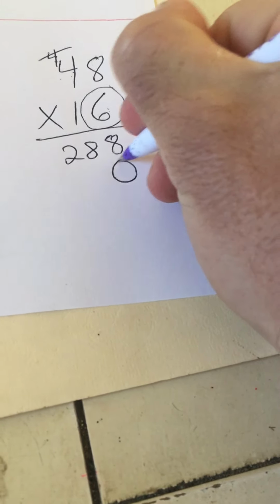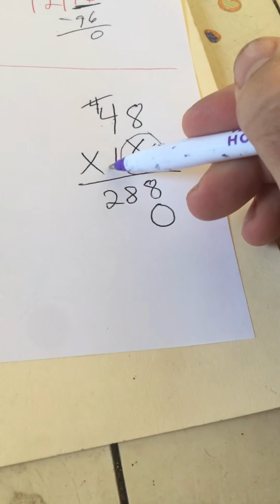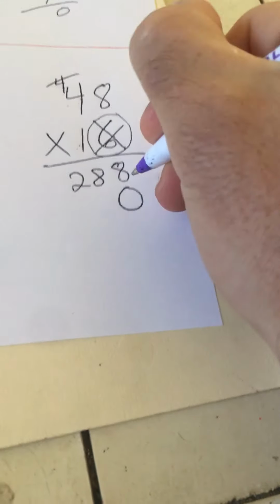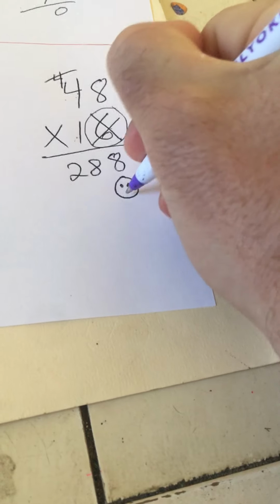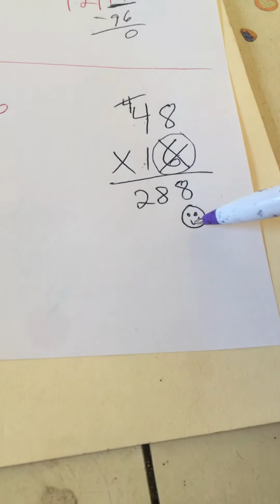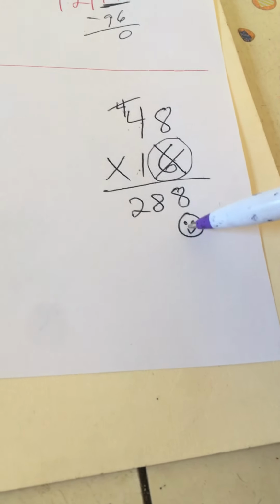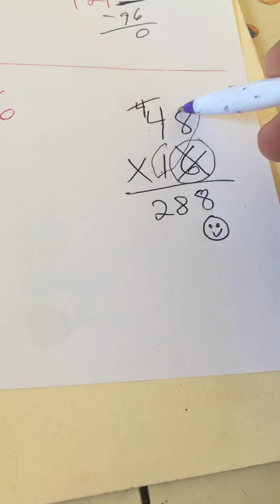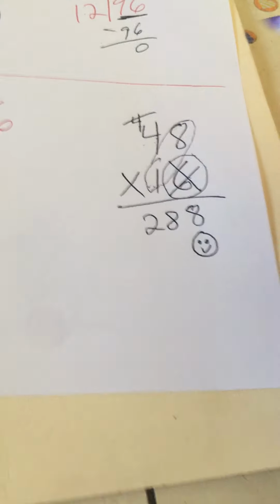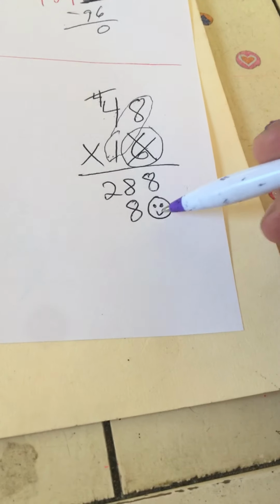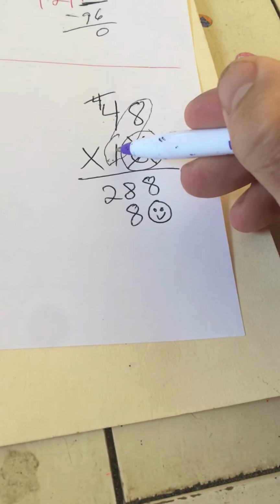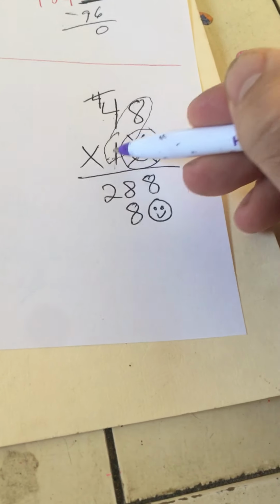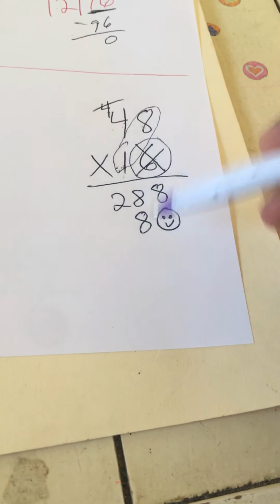Then, very important, we are done with this 6. We're moving on to this 1, but it's in the tens place. So we have to hold the ones place. I put a smiley face there to remind myself that I just have to put that there, because now we're doing 10 times 8, which is really 80. But we do 1 times 8 is 8. And if we put that 0 there like we were supposed to, you'll see that 10, because this is 16, 6 ones and 1 ten. 10 times 8 is actually 80.